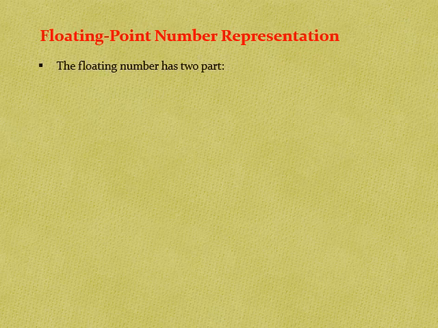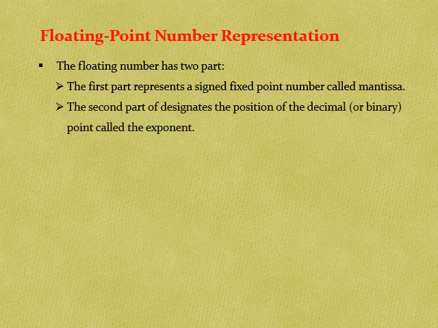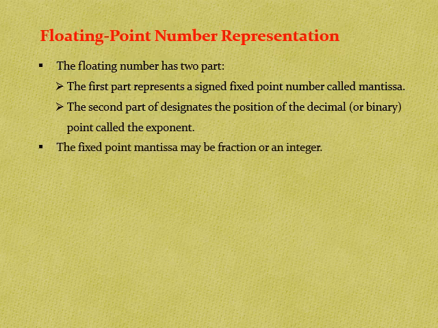In a floating point number, there are mainly two parts. The first part represents the signed fixed point number, which is called the mantissa, and the second part designates the position of the decimal or binary point, called the exponent. The fixed point mantissa may be a fraction or an integer.